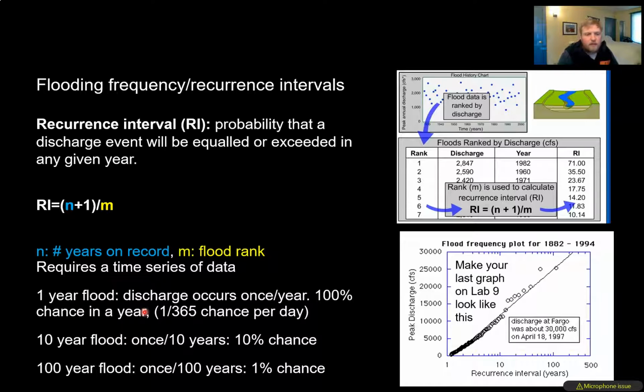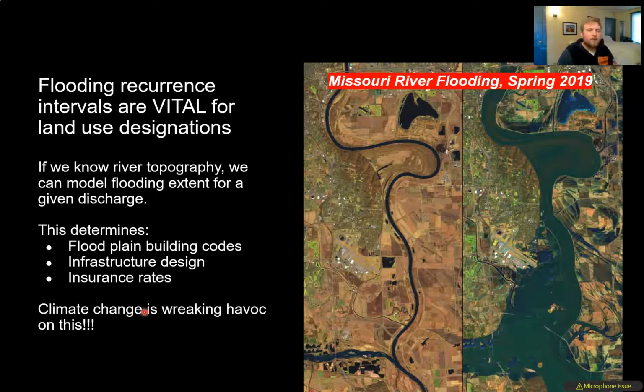Okay? So when we apply this thinking to rivers and floodplains, this becomes extremely important for how humans use the land. If we understand the topography of the river, the floodplain, where the river is going to go during a certain discharge event, it tells us where it is safe to build.